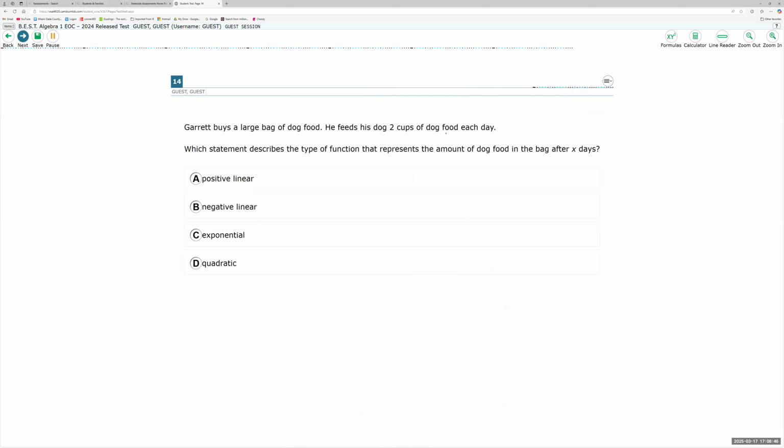All right. Okay, so the key about this one is to read. You can read it yourself, but he's feeding a dog 2 cups of dog food each day. The question, though, asks for a function that represents the amount of food left in the bag after x days.